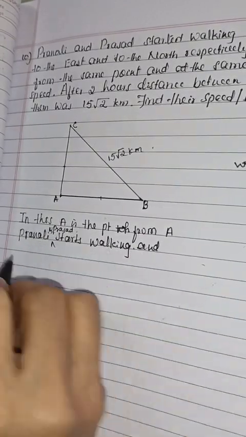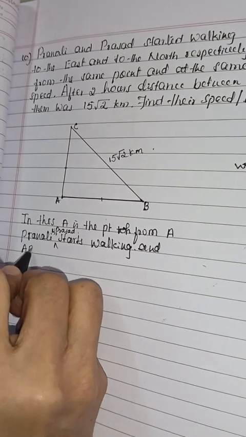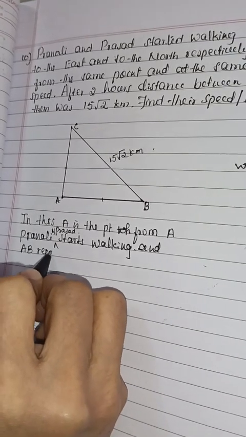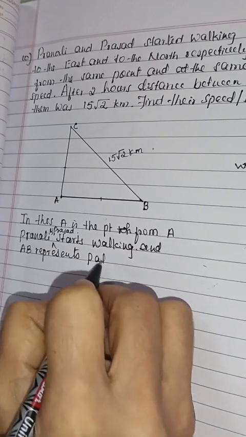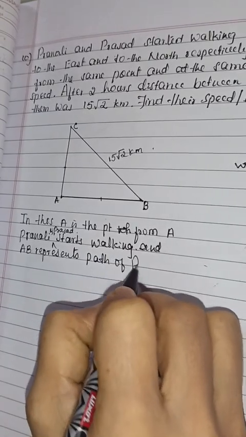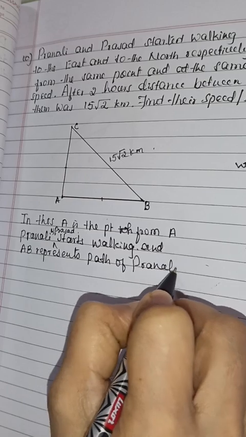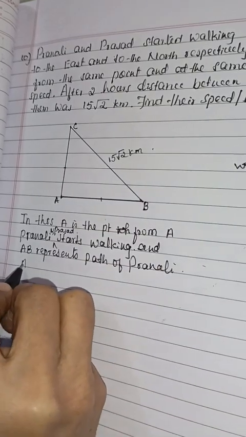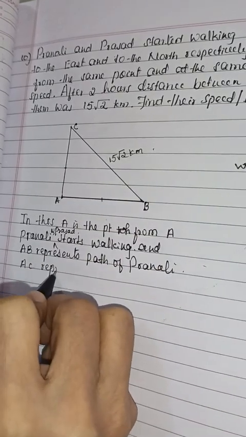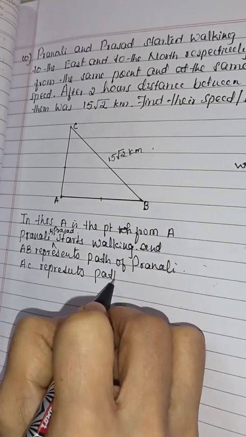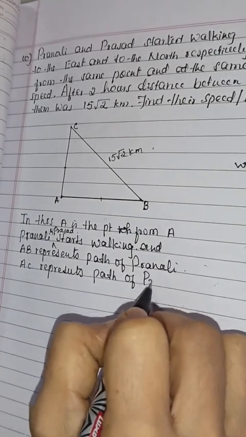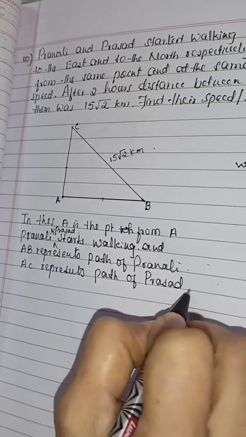And AB represents the path of Pranali, and AC represents the path of Prasad.